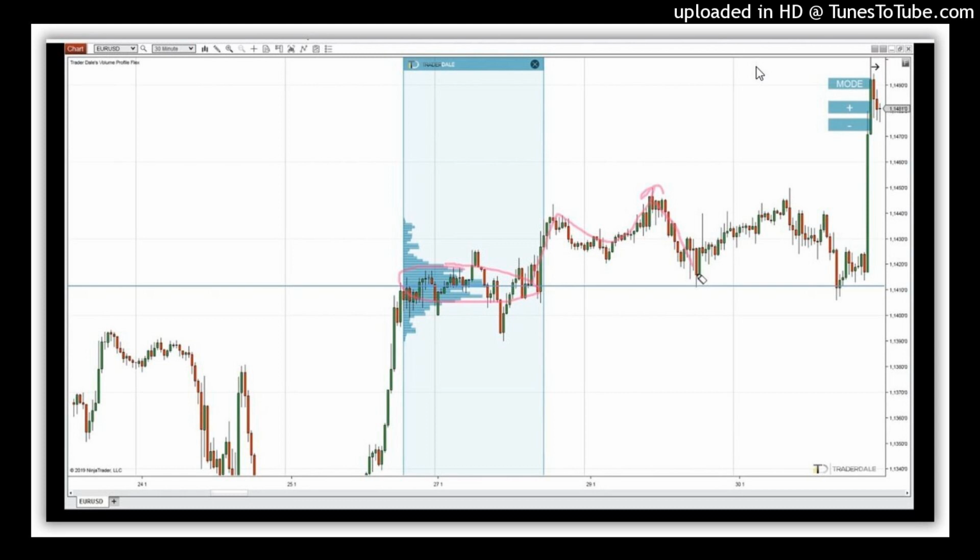Volumes were the heaviest in here, and this is the reaction. It doesn't matter if the price hits the level after a few days. Markets have good memory, especially of strong levels.